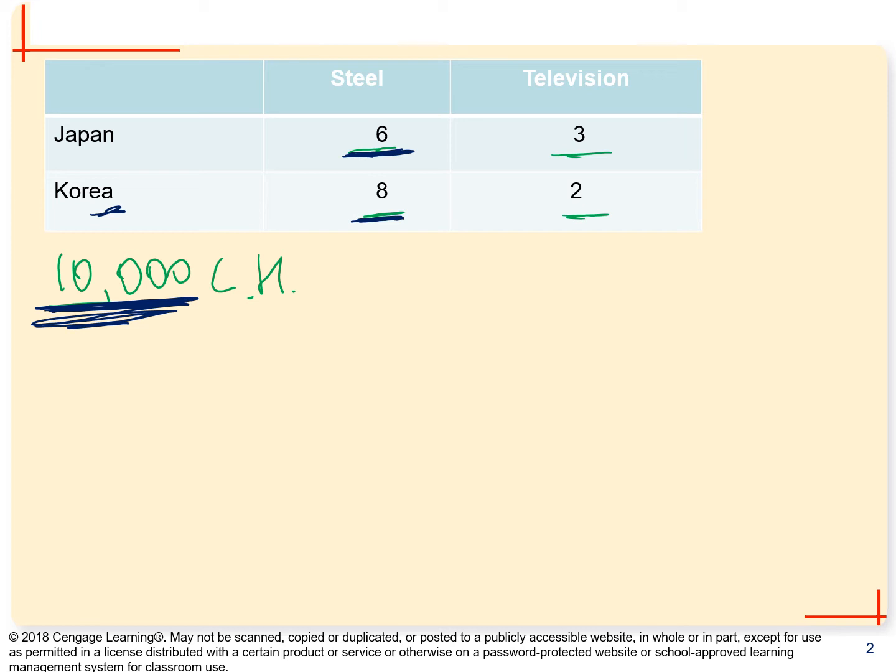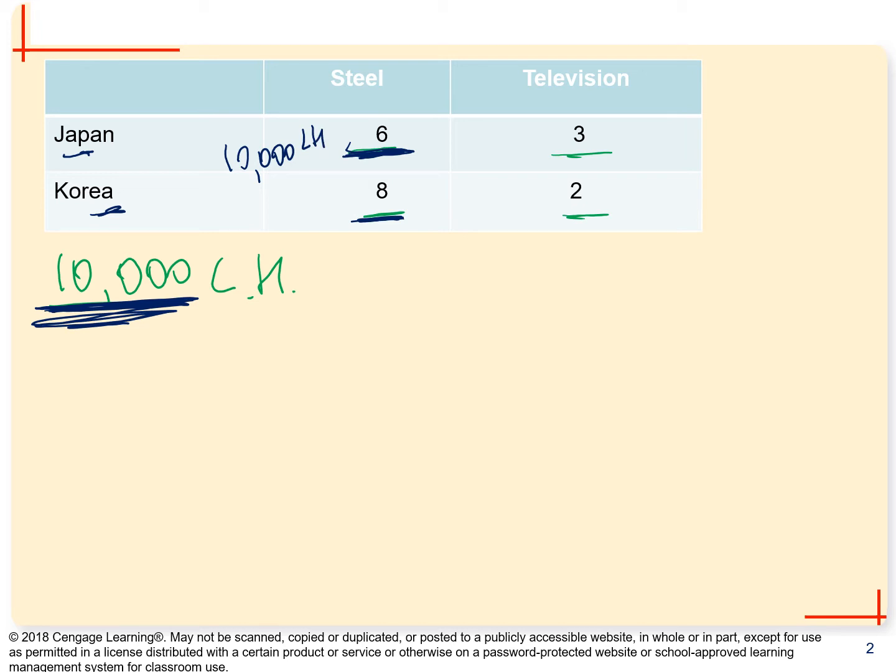And please don't rush to answer, but think about it. I'm going to break it down like that. Japan producing steel, produced only 6 units of steel and spent 10,000 labor hours. Now, think about Korea.